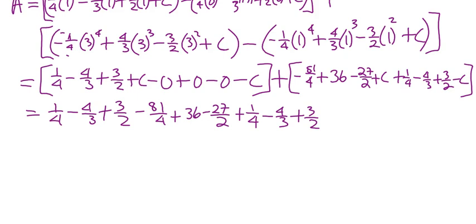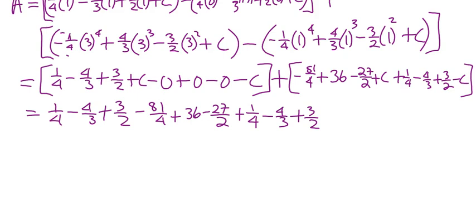All right, let's deal with the halves. Okay, 3/2 plus 3/2 is 6/2, which is 3. So that's just a number. Or we could do 6/2 minus 27/2.